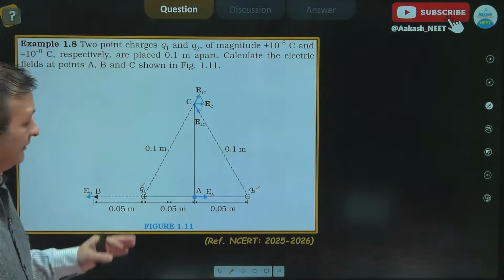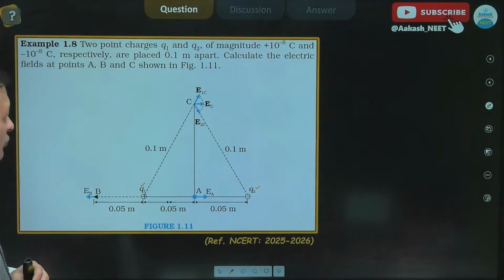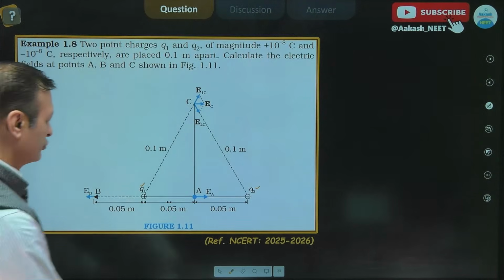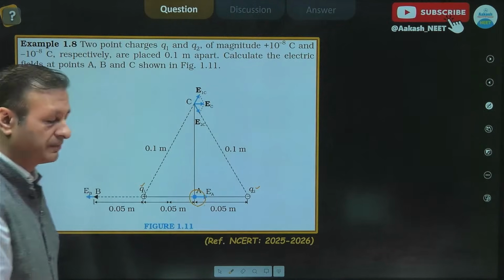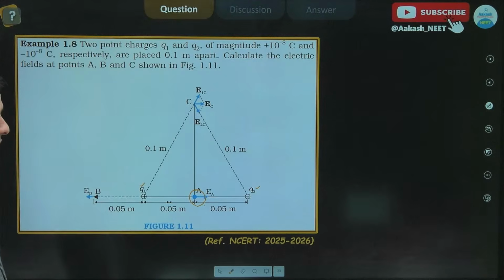Applying that principle, we have to find out electric field at points A, B and C. So, this is point A. Got it? We have to find out electric field at point A.